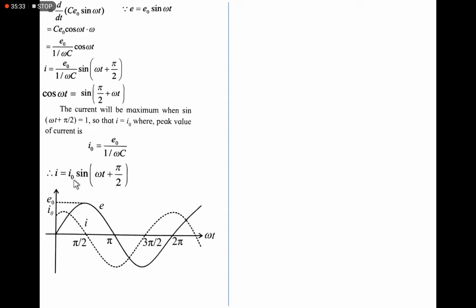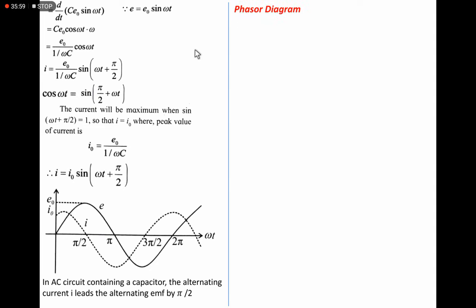The equation for the current is I naught sine of omega t plus pi by 2, and the equation of the applied EMF across the capacitor is E is equal to E naught sine of omega t. So definitely in a capacitive AC circuit the current is leading by pi by 2 with respect to EMF.